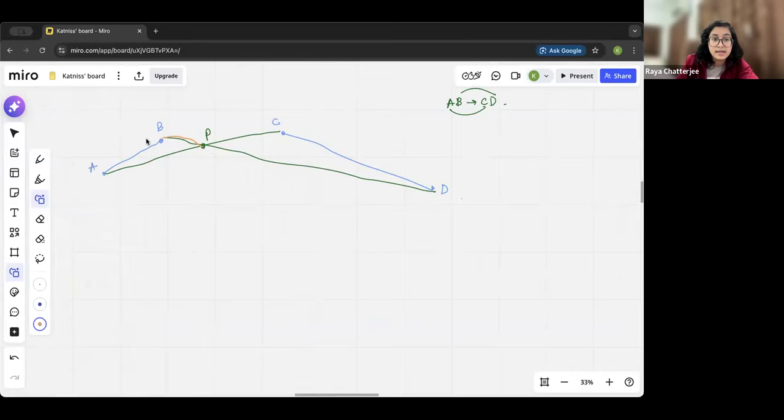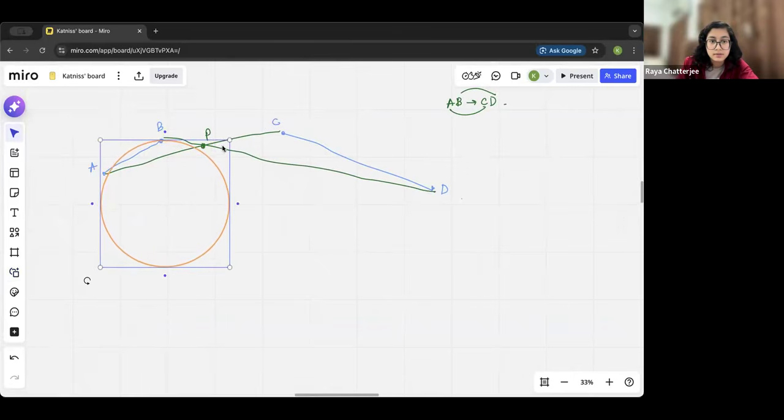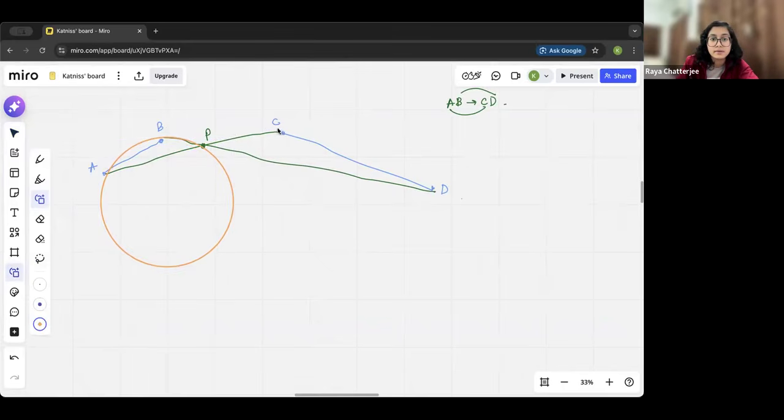Okay, and then I'll take two circumcircles. One of PAB and the, okay, this is a bad diagram. Sorry about this. Okay, better, I guess. And I will also take the circumcircle of PCD.